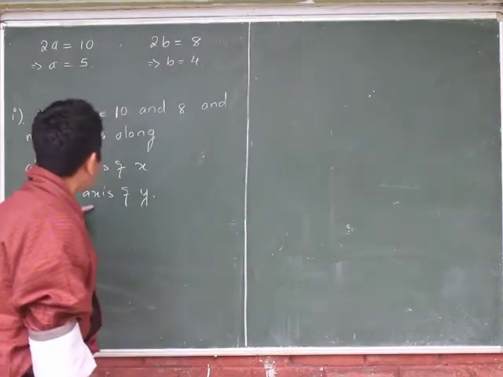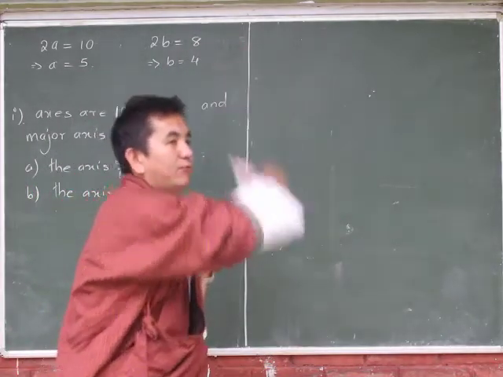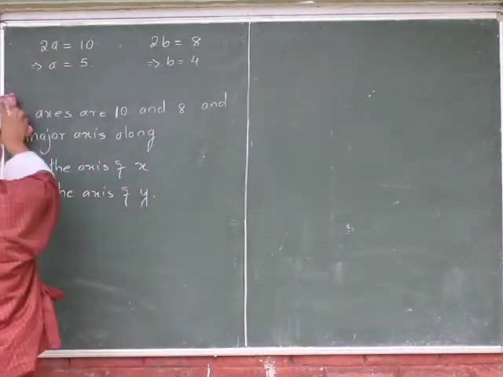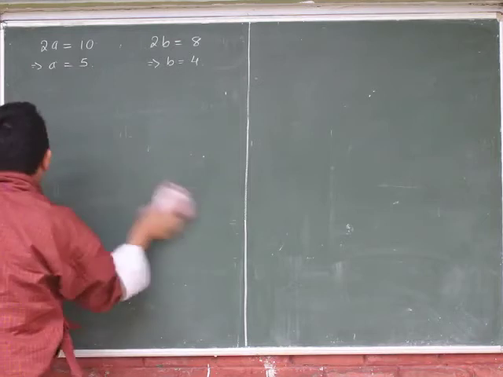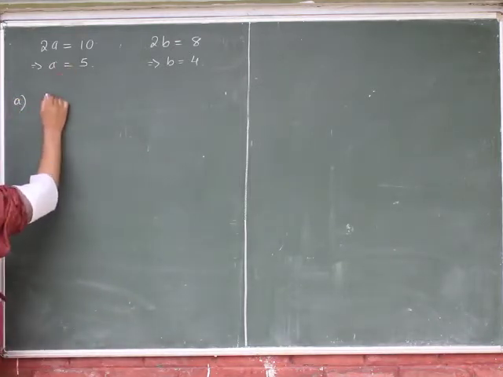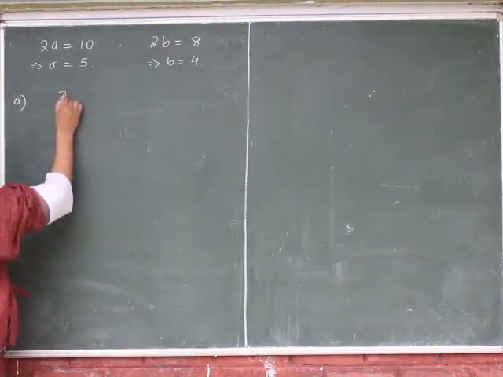If the major axis is along the axis of y, that means we are talking about a vertical ellipse. First one, the major axis is along the axis of x, so we are going to take a horizontal ellipse.